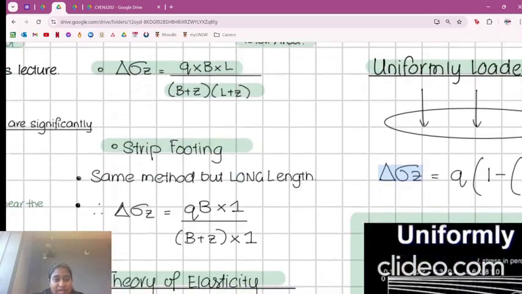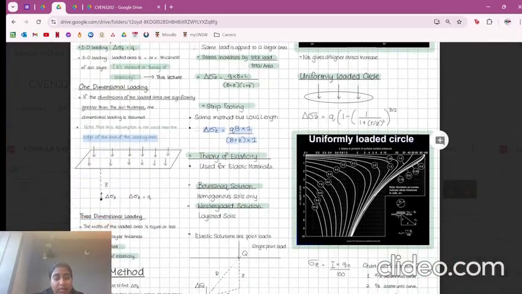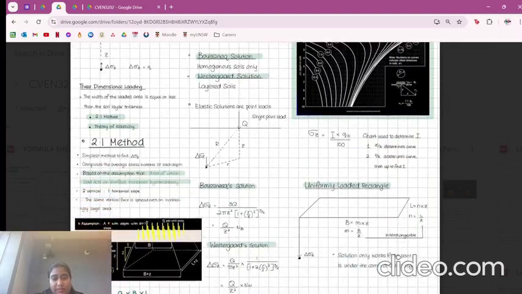Sometimes you've got things like strip footings, which is still a uniformly loaded rectangle, except the strip footing considers that the entire length is really long, and so it just simplifies into this formula here. But that's the different ways that the type of load can determine how you're going to need to calculate the change in stress.